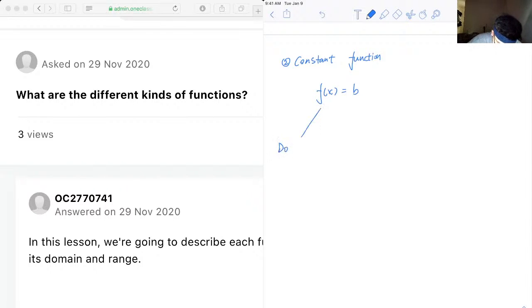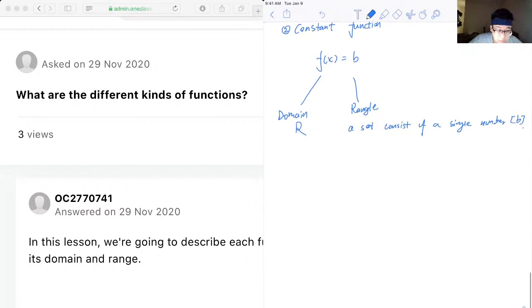In terms of its domain, it's still going to be R. And in terms of its range, it is a set that consists of a single number, b.